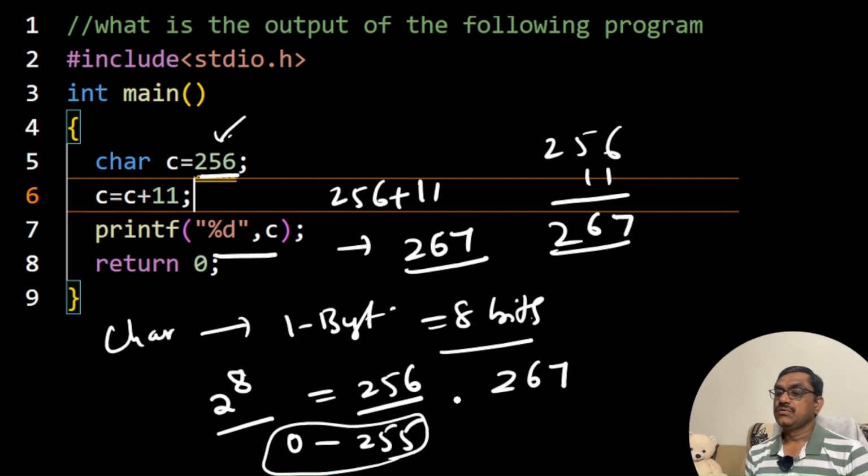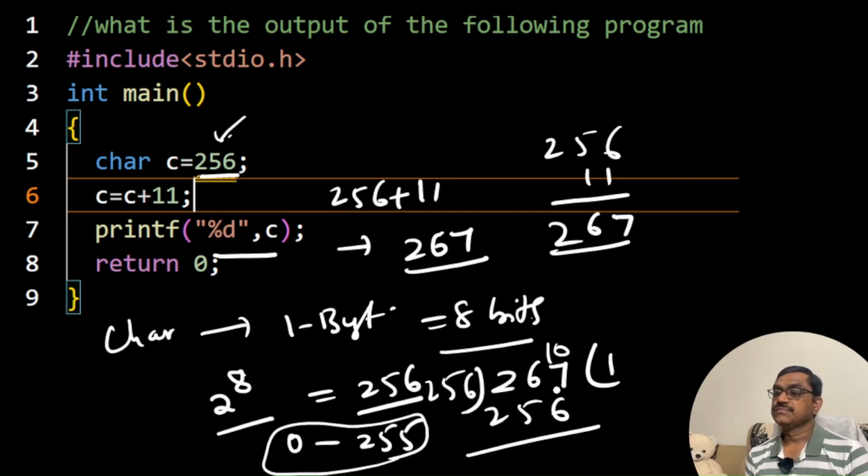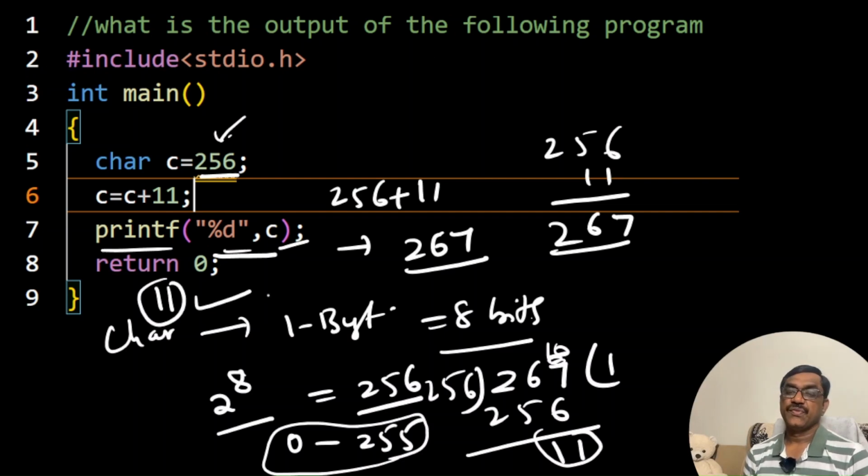You can store a maximum of 256 values. Divide 267 by 256: 256 goes in once, and 267 minus 256 leaves 11. So 11 is the remainder. So printf percentage d of C gives the answer 11. This is the output of this program.